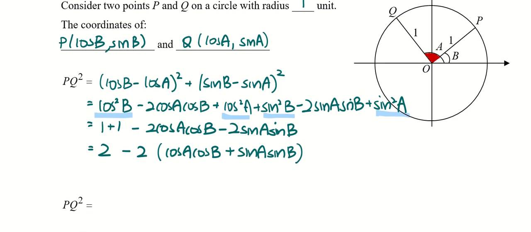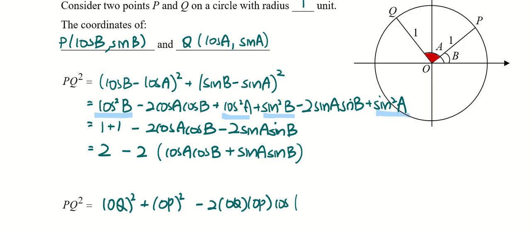Now let's move on to using the cosine rule. The cosine rule says that my PQ square is also what? OQ square plus OP square minus 2 OQ OP, and then cosine what?